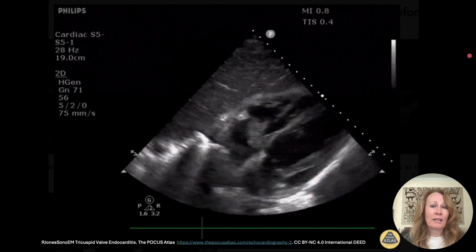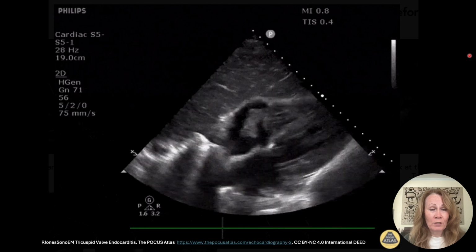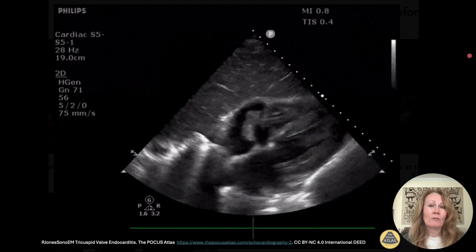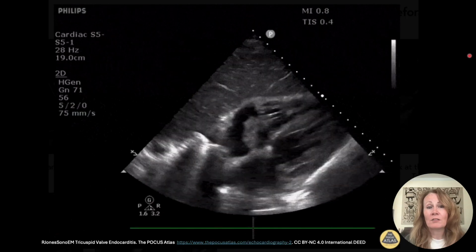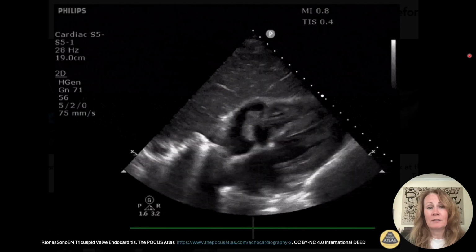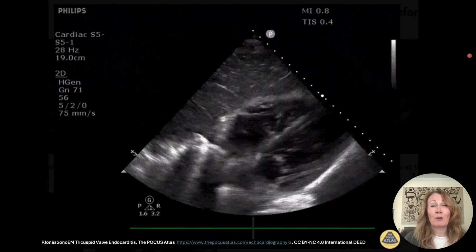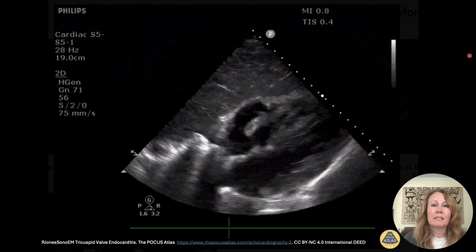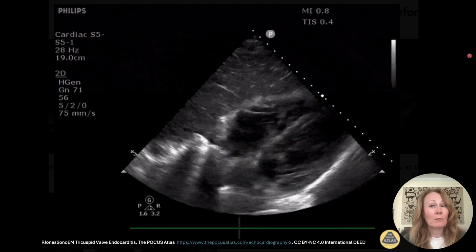The reason for that is because the infected microorganisms, usually staph, are traveling through the veins to the right side of the heart first. So it lands on that tricuspid valve first and infects it. So this definitely gives us a hint that we're probably looking at endocarditis here with some eye involvement.